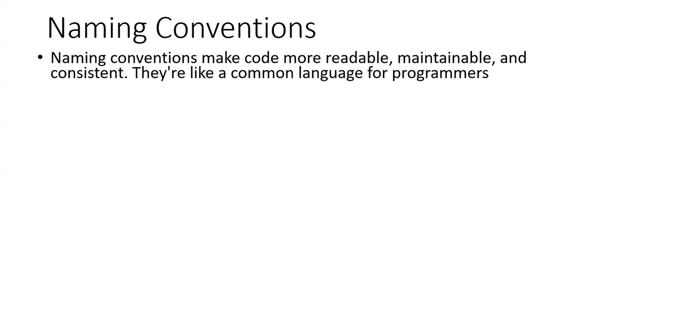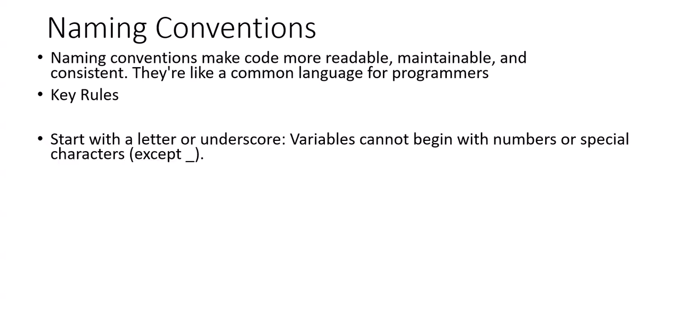So what are the key rules? Can I just name my variable anyhow the way I want, or is there something that I need to consider? Yes, there are some key rules that you need to consider as you name your variable. One is to start your variable name with a letter or underscore. What does that mean?